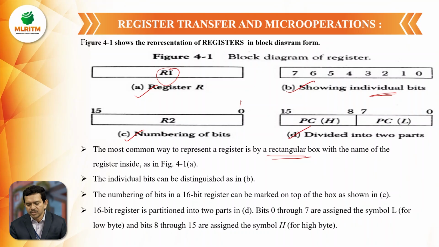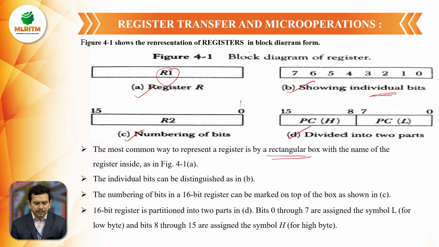The right hand side is 0 to 7, also an 8-bit register. So the 16 bits are divided into two parts, 0 to 7 and 8 to 15. In this way, we can represent the register in a block diagram with A, B, C and D.